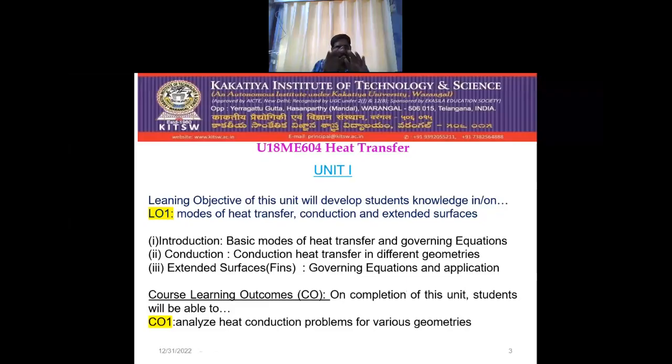For example, you might have seen an engine having a body on which you will have projections.